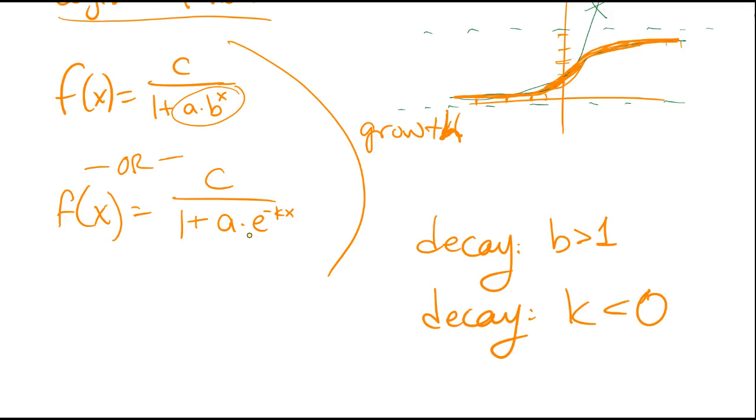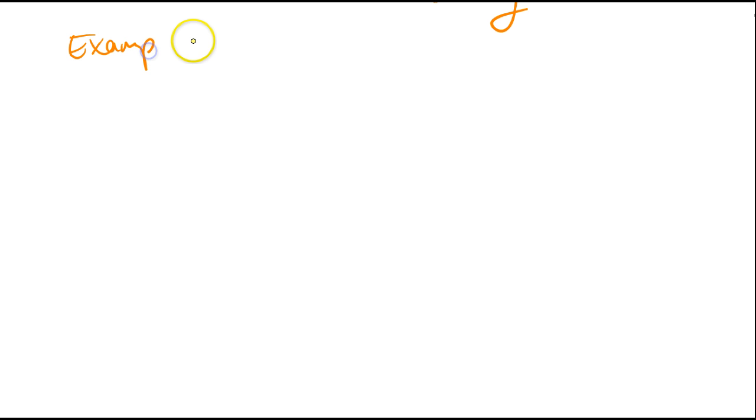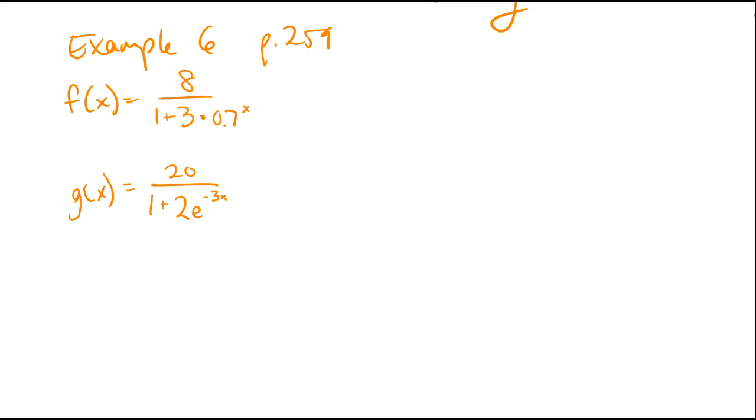Now I'm going to do example 6 on page 259. One of the nice things about these logistic growth functions, or logistic decay, is that they're pretty easy to sketch on a graph. This numerator value will always be the limit to growth.